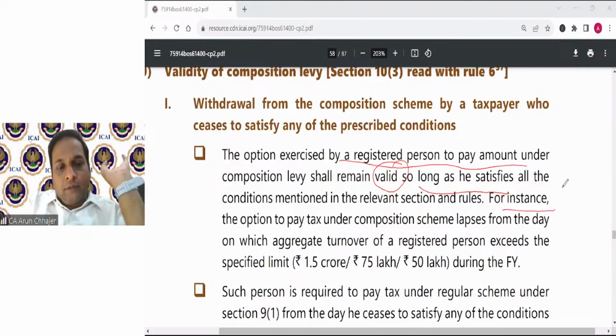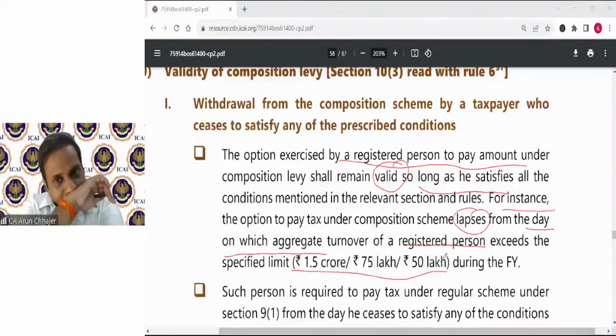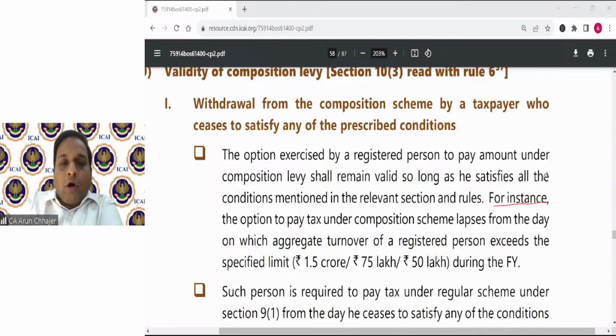For instance, the option to pay the tax under composition shall lapse from the day on which aggregate turnover exceeds the specified limit.